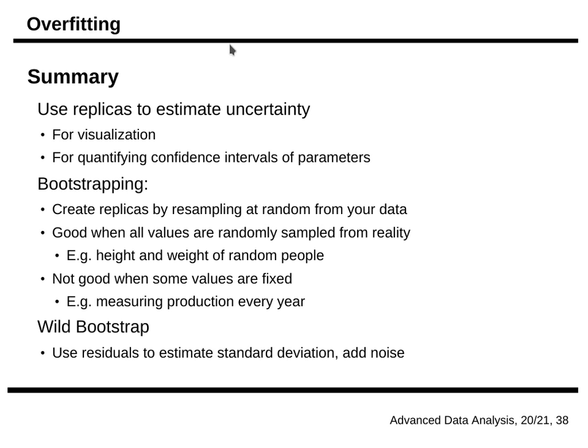There are other variants. For example, residual bootstrapping just resamples the residuals. It assumes that the distribution of residuals is the same over all the data, and so on. If you take a look, for example on Wikipedia, you can see very different variants of bootstrapping. But the important thing here is this general idea of resampling in some way to obtain replicas of the data in order to estimate uncertainty.